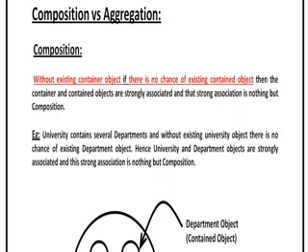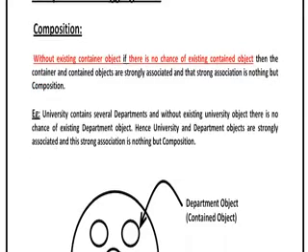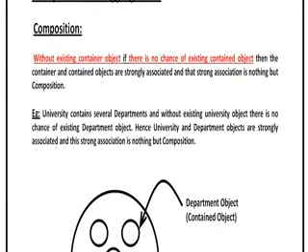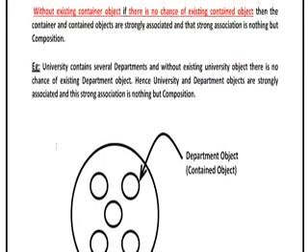If there is no university, you cannot bring a CSE department. In the same way, composition means first that particular function should exist, then only you can define multiple values in that function.